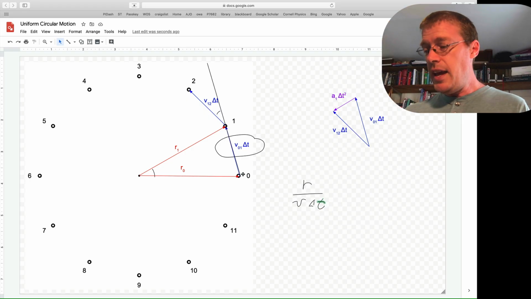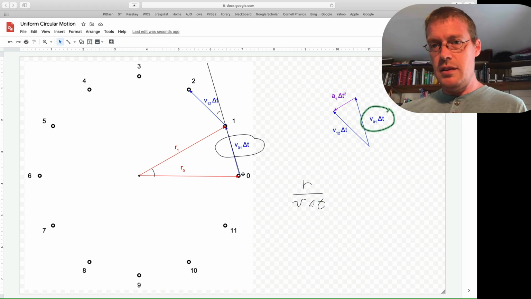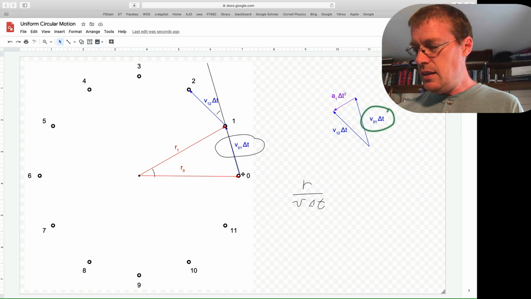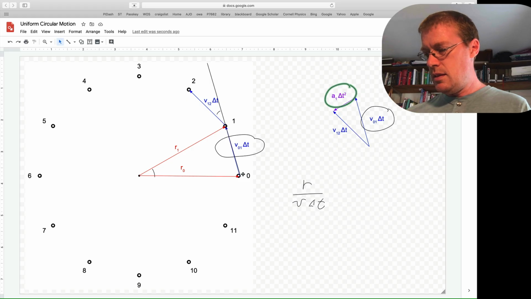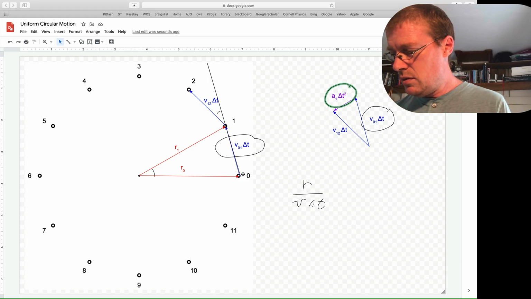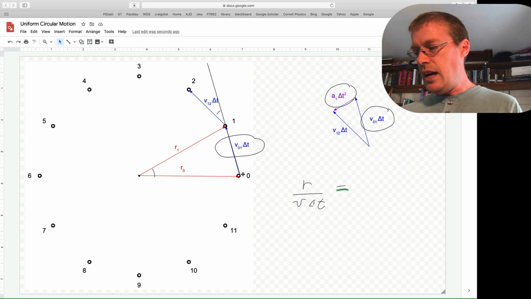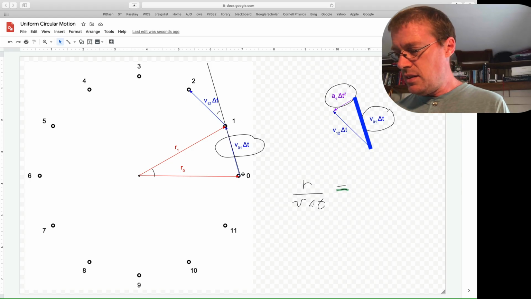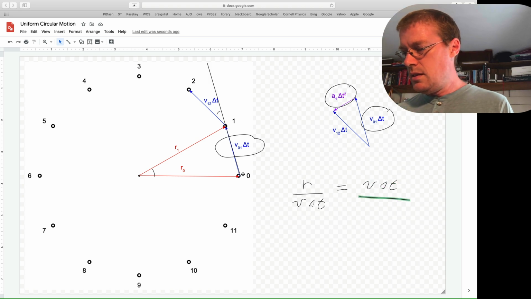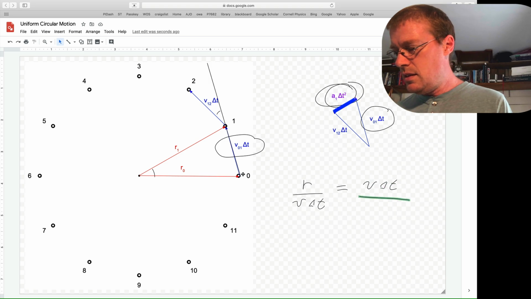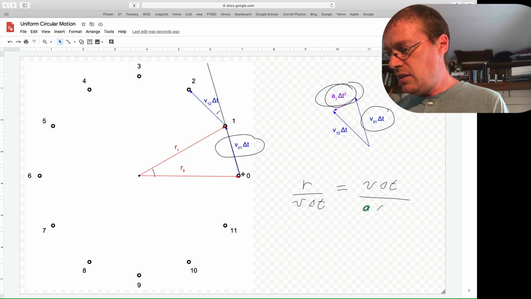Well, that should be the same as taking the ratio of this length and this length. This side here is just the speed times delta t, and this length here is the magnitude of the acceleration times delta t squared.